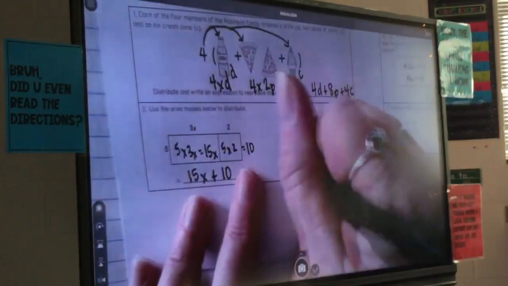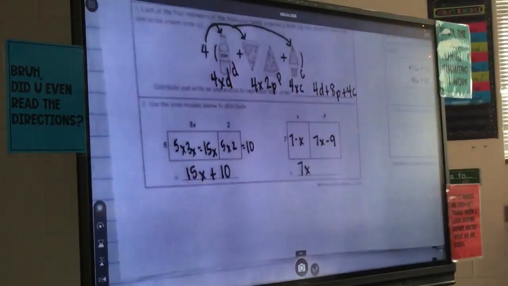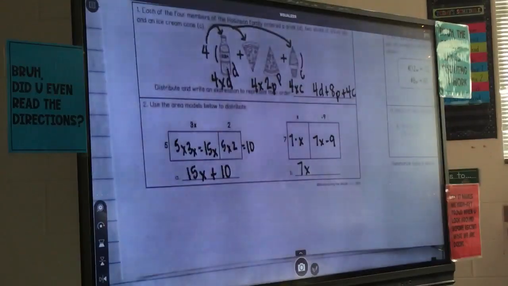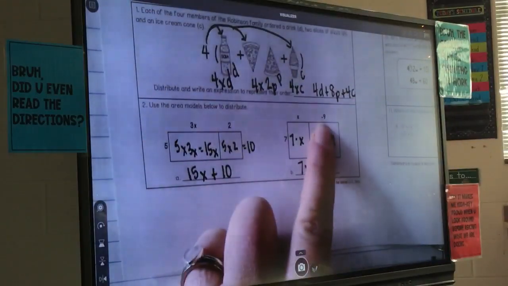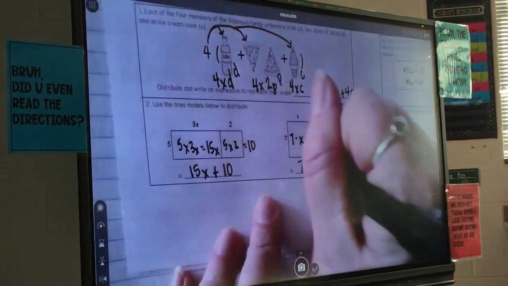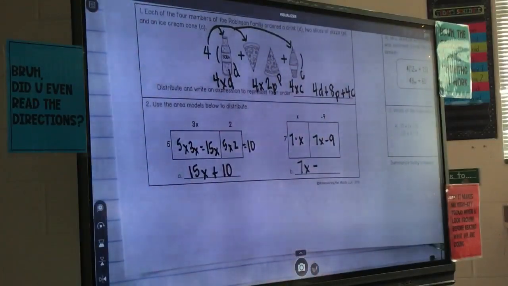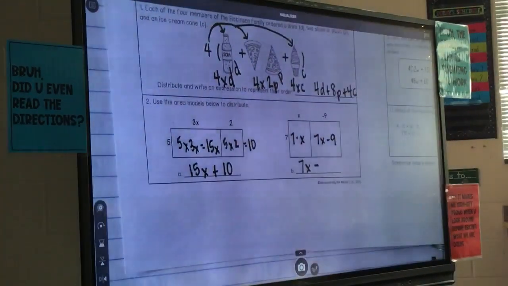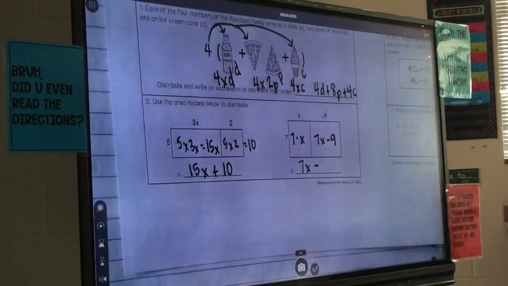So 7x. Now, I know that means I'm going to subtract because this is a minus. So I'm going to put my subtraction there. 7 times 9 is what? 63. Yes.